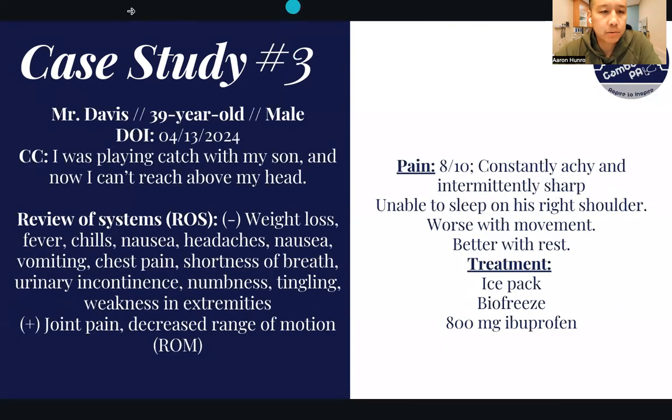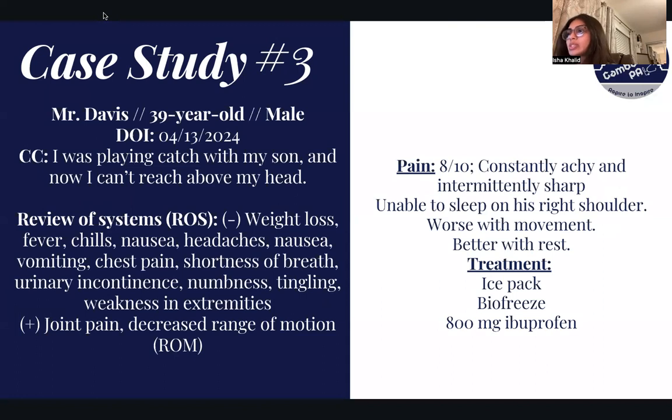All right, so next for the chief complaint and the pertinent positives and negatives for the ROS. I can do it. So we have Mr. Davis, a 39-year-old male. The date of injury is April 13th, 2024. His chief complaint was, I was playing catch with my son and now I can't reach above my head.